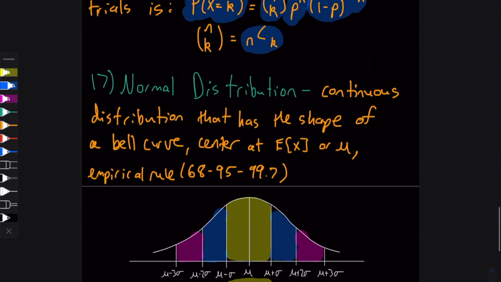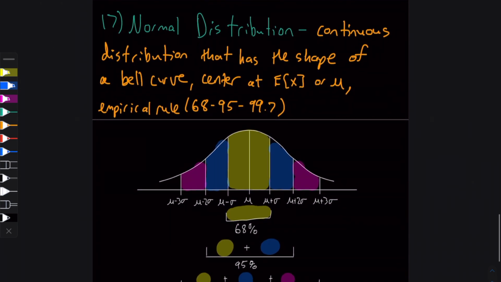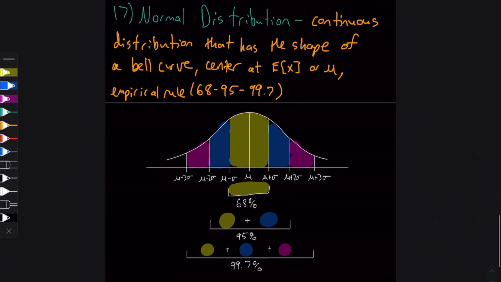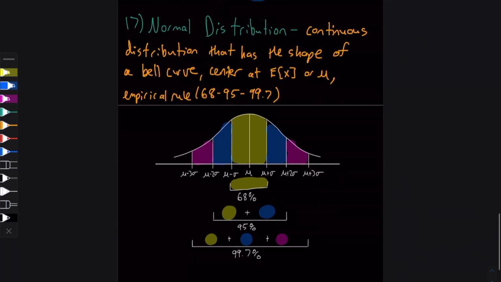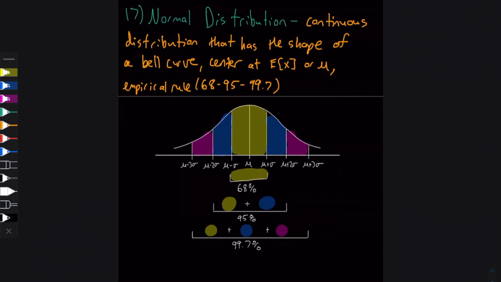And for the last one, this is our normal distribution, and like I said earlier, this is very important. A normal distribution is a continuous distribution that has the shape of a bell curve. You can see here that we have about a bell curve, right? It looks like that because the mean is in the middle, and then it funnels down on the outsides.